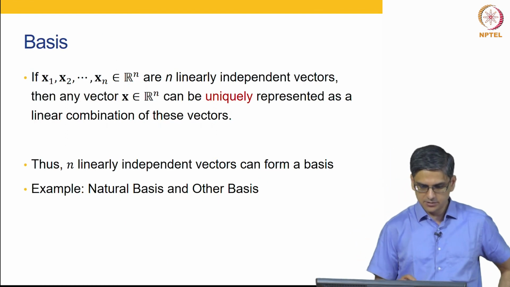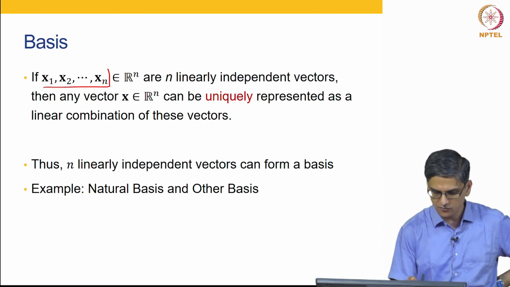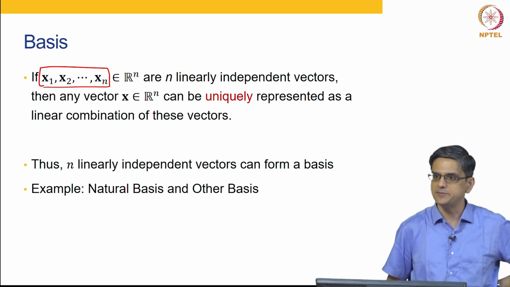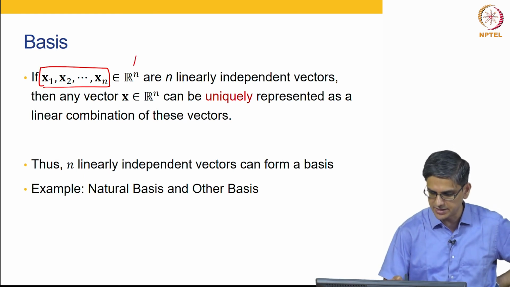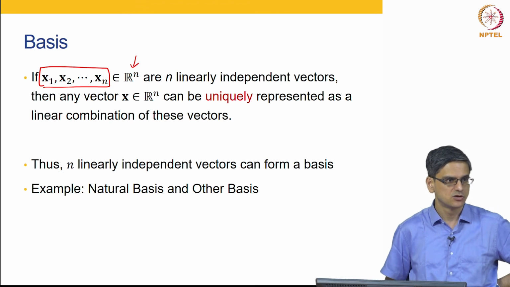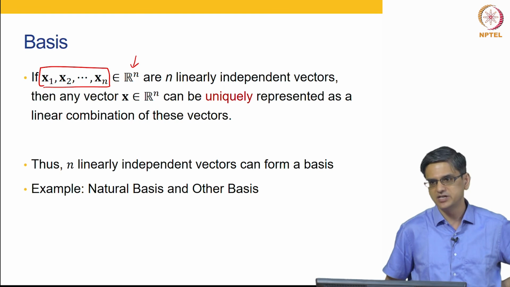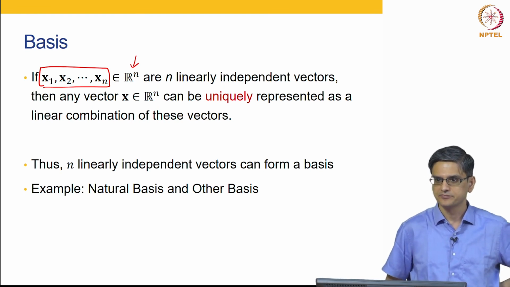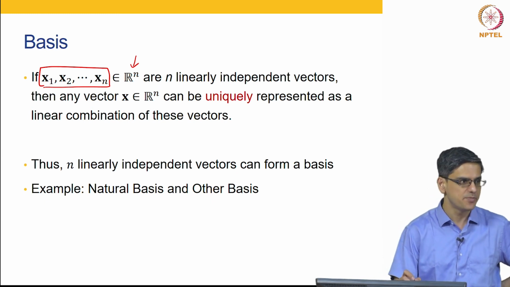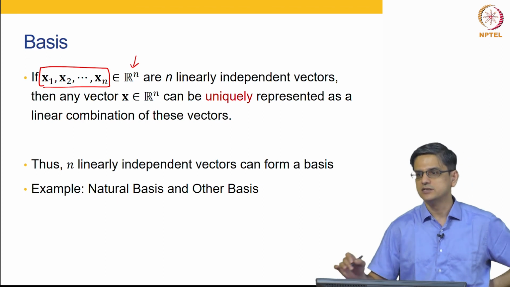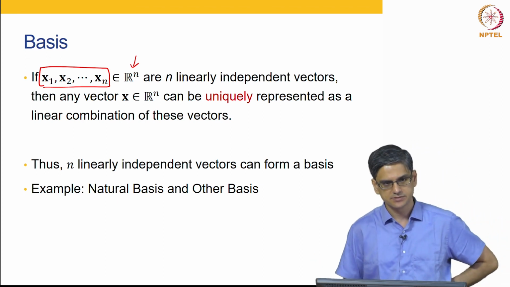And the final item is, if you have n linearly independent vectors in an n dimensional space, okay, then any vector in that n dimensional space can be represented as a linear combination of those n vectors. Okay. And we say that those n linearly independent vectors span the entire Rn space.